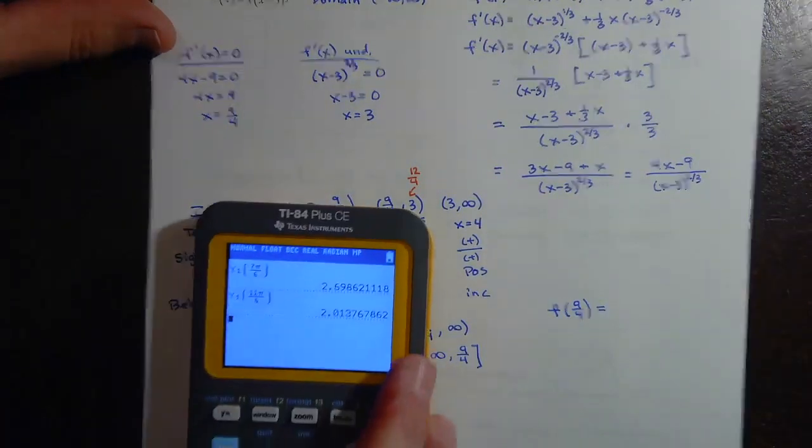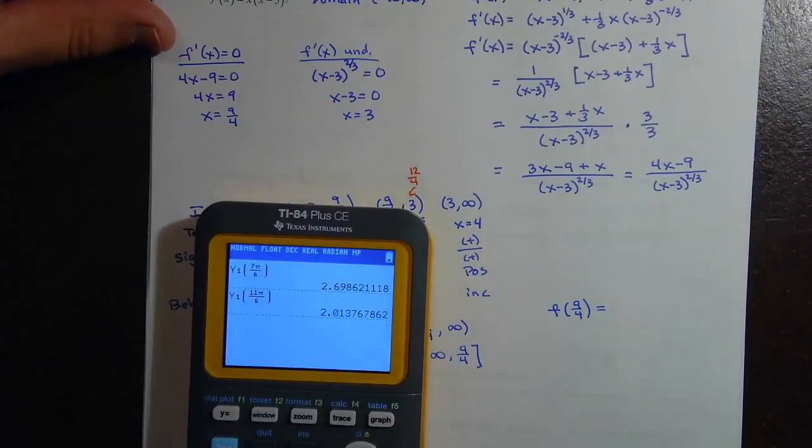I'm going to use my calculator to do that. We have 9/4. Since we only have to do it once, I wouldn't type it in. And then parentheses, and then 9/4, and then minus 3. I'm putting this into the function because we're finding the function value here. And then raise that to the 1/3 power.